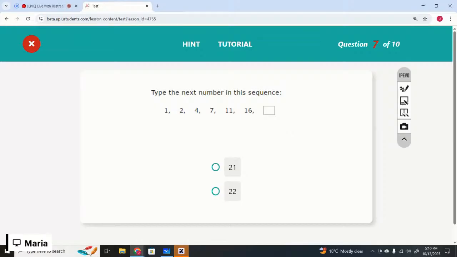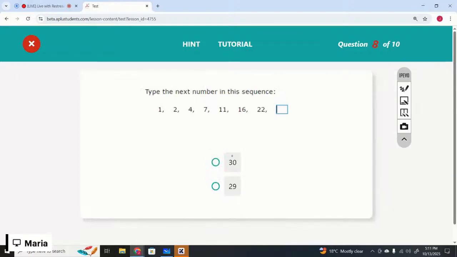Type the next number in the sequence. So which is the next number? 22 it is.